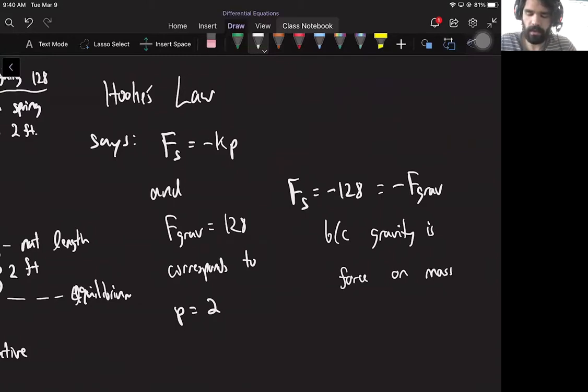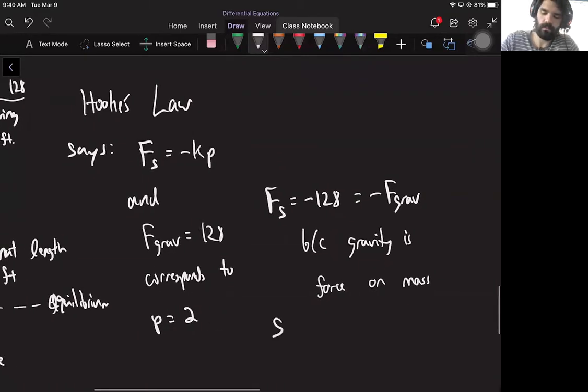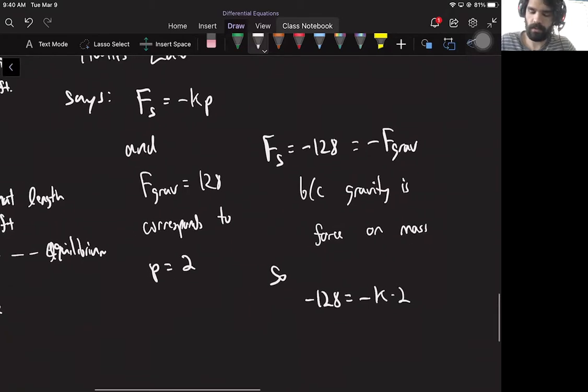Gravity is the force pulling it down, so the restoring force pulls it up at the same exact amount. That's why it gets a negative. And it also equals negative k times the amount that the spring stretched corresponding to that force.